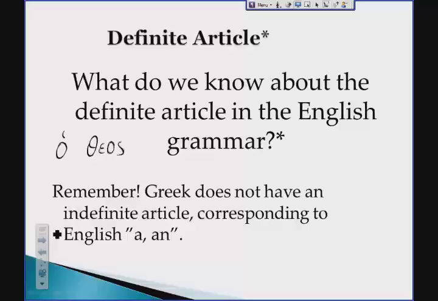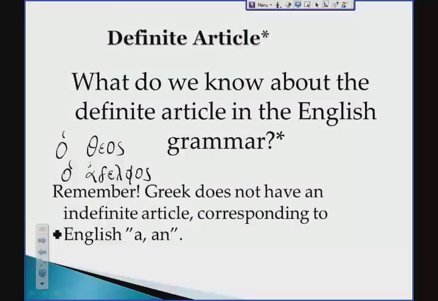Say you have in a sentence, ho theos. We normally don't translate this definite article in English. We don't say "the God", but that's literally what it says. Or you can have ho adelphos, the brother. It's definite.